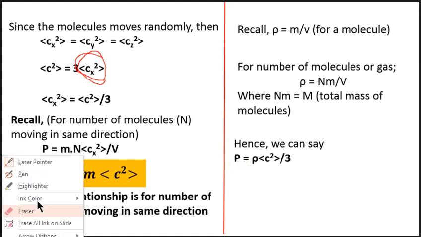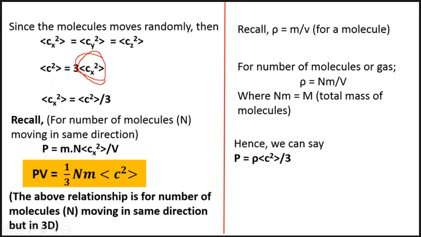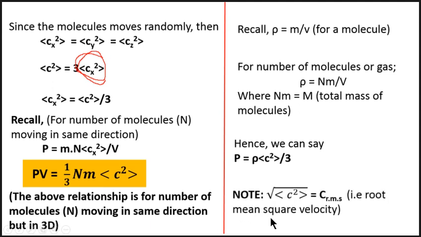Now we need to note something right here. When we find the square root of the mean square velocity, it's going to give us what we call the root mean square, which is RMS.